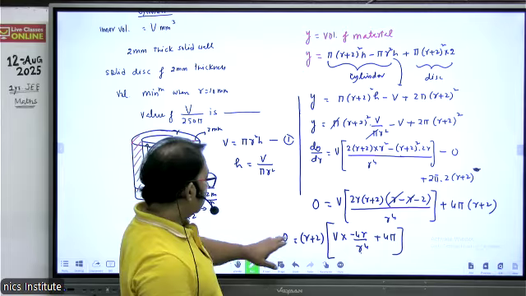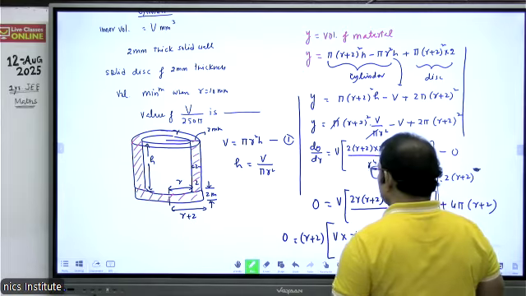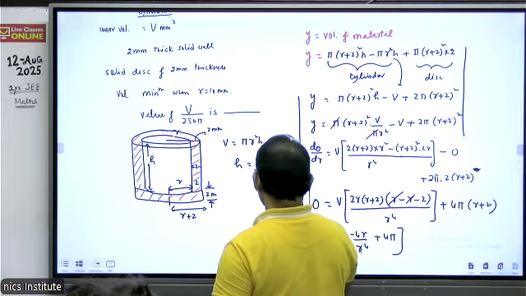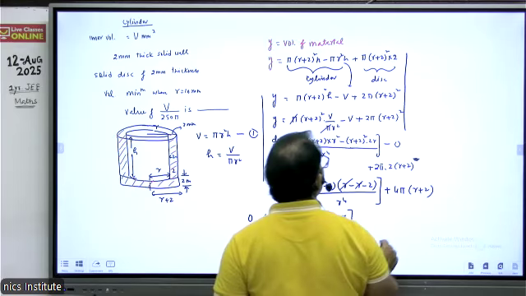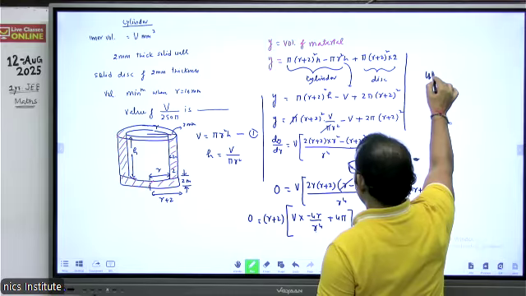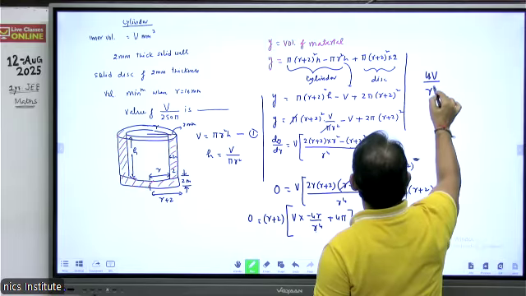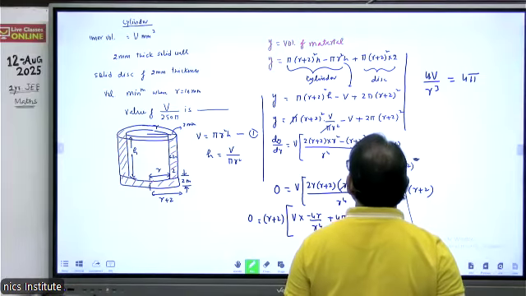So r plus 2 cannot be 0. This would be 4v by r cube is equal to 4 pi. Is it right?